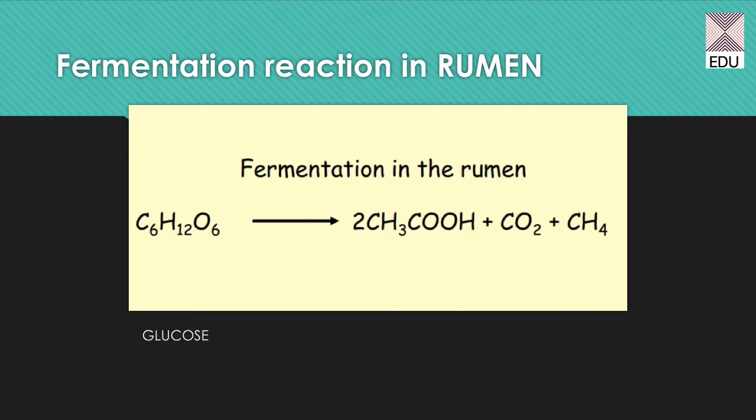Here glucose is converted into ethanoic acid, carbon dioxide and methane. This is the reaction form of what we have discussed earlier, how methane is produced in the rumen.